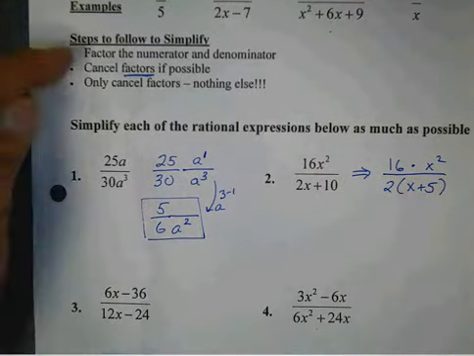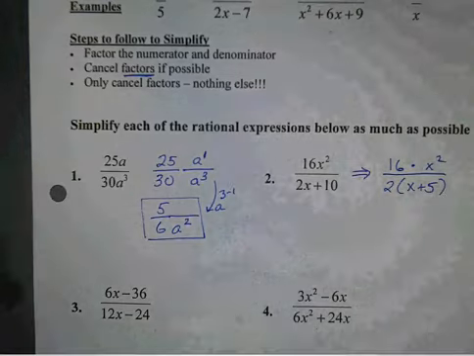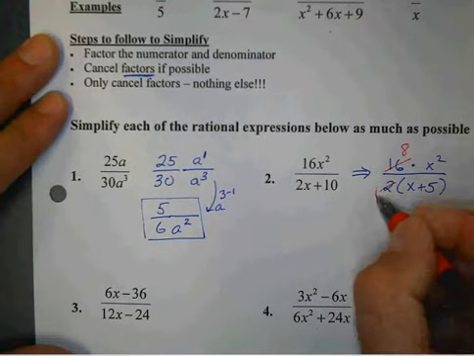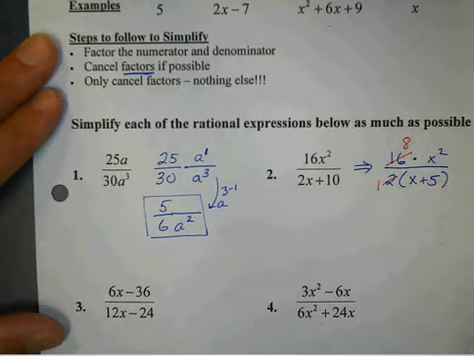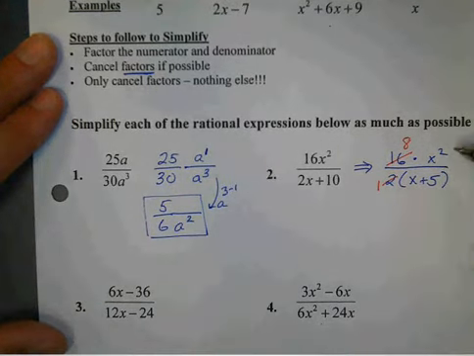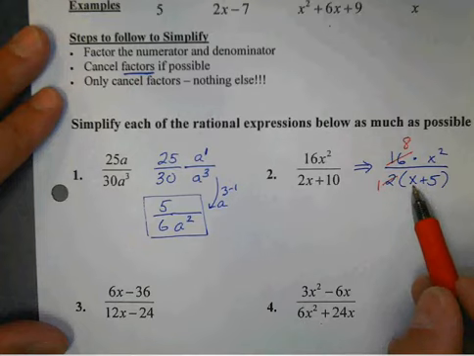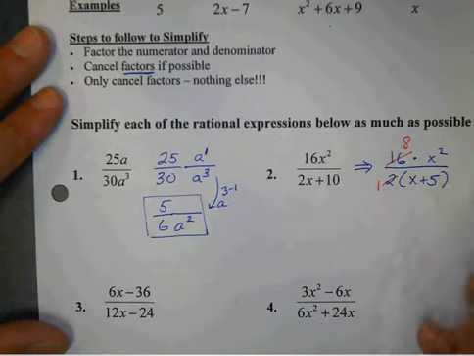We talked about at the very beginning at the top, we can only cancel factors. So what can we cancel? The 2 and the 16. Now, this is kind of the first time we're going to hear this, but we're going to repeat it a lot. This is x times x in the top. This is x plus 5. You may not cancel this bottom x with one of these x's on top because this x is connected to the plus 5.